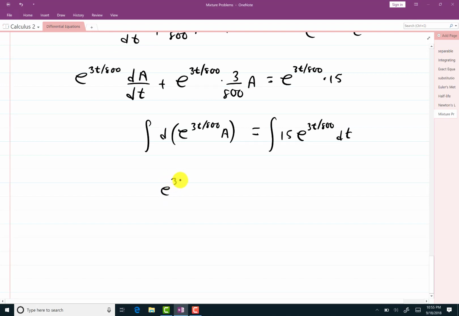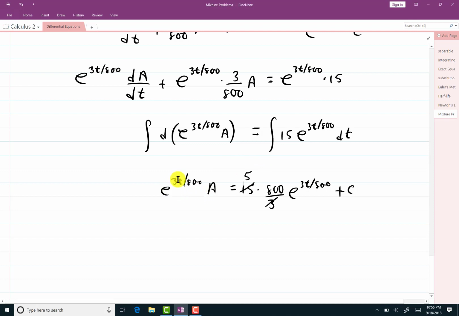E to the 3t divided by 800 times A equals, on the right side, I'll have to divide by 3 over 800, or multiply by 800 over 3. So I'll get 15 times 800 over 3 times e to the 3t divided by 800 plus a constant. And I can do a little simplifying, like 3 goes into 15 5 times.